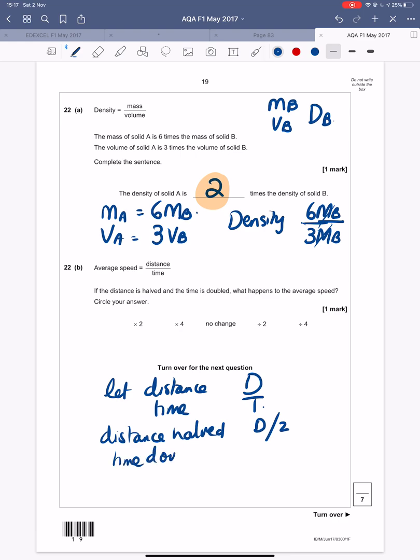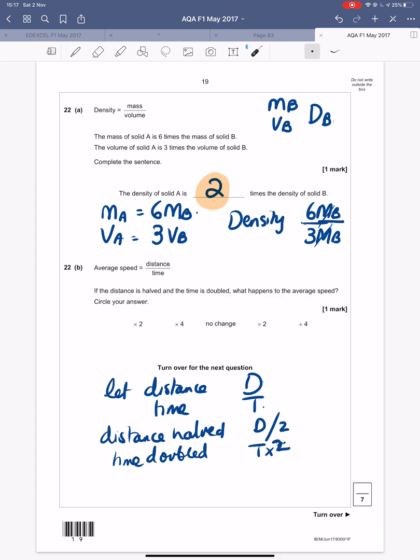Time doubled is T times 2. Distance is halved, so we take our original distance and halve it. So D becomes D over 2. And the time is doubled, so T becomes T times 2.